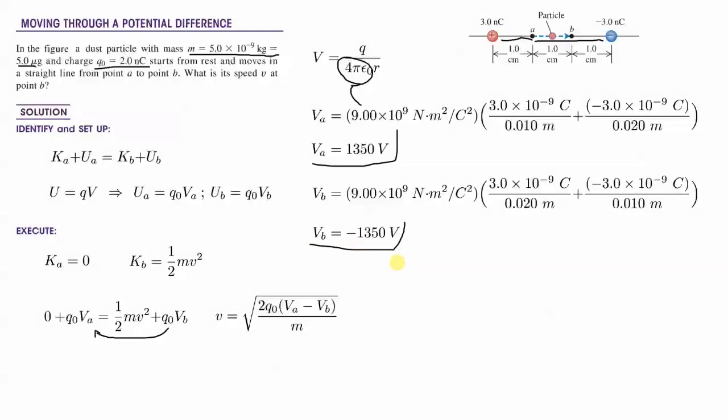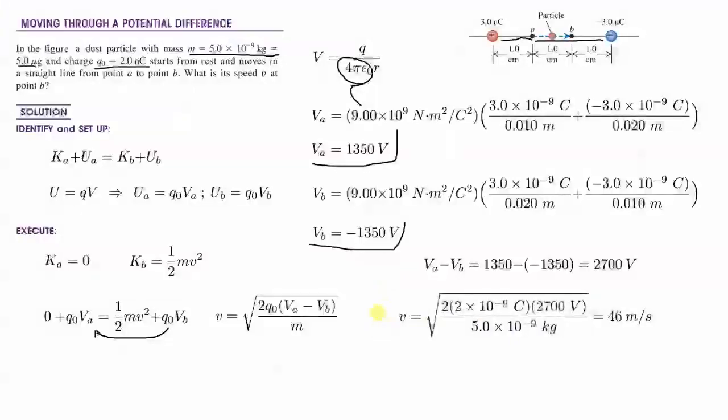So I'm going to do VA minus VB separately because it's an easy thing to mix up when you're working with such bizarre numbers. So if we do VA minus VB, we get 1350 minus negative 1350. So they don't actually subtract, they add up. So the difference of the potentials is 2,700 volts. And now when we get to do our actual calculation, we can plug everything in.